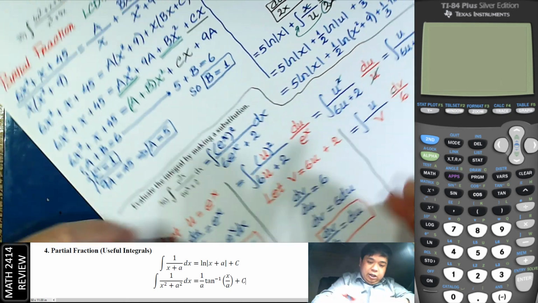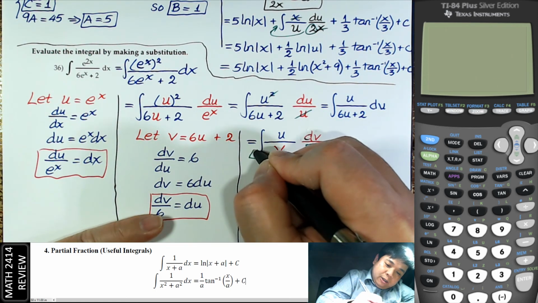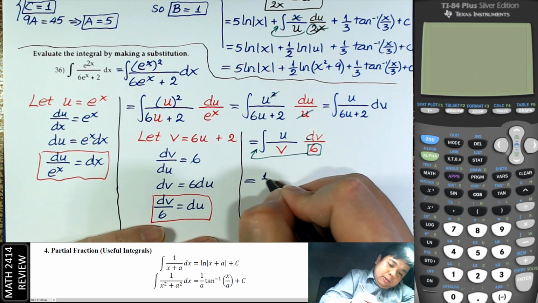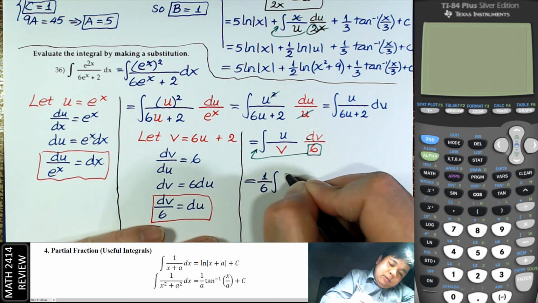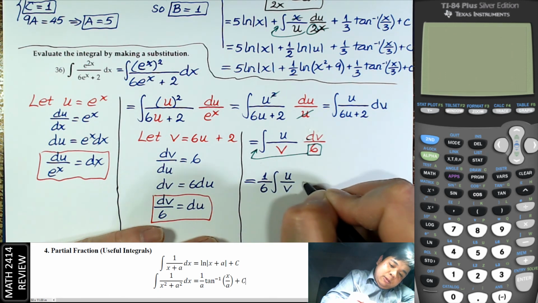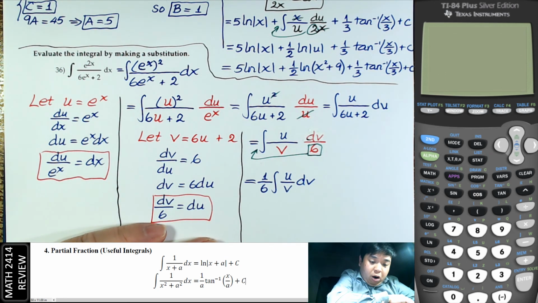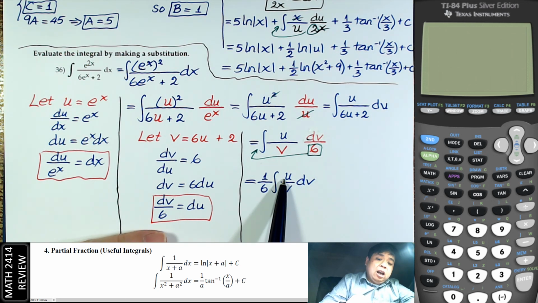Okay, here we can take out the 6. Right. Now there is a problem. The problem here is the integral is in terms of v, and we're left with u. Luckily, it's not that bad.